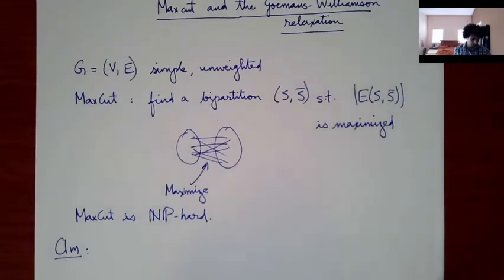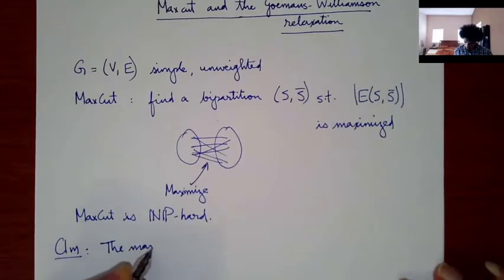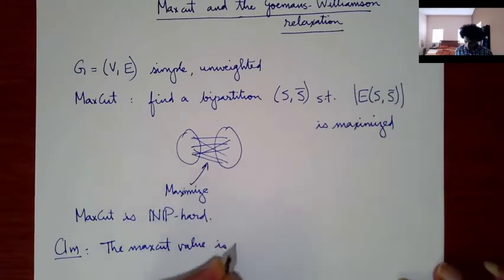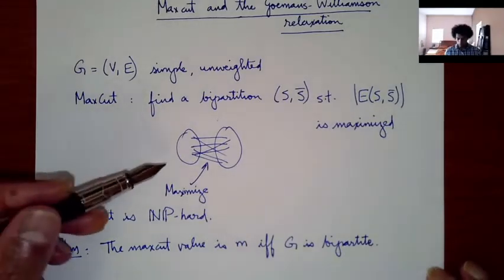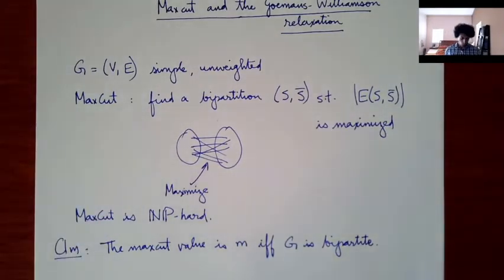A simple claim that I will leave as an exercise is that the Maxcut value is m if and only if G is bipartite. So you can think of Maxcut as a way of measuring how close the graph is to being bipartite.